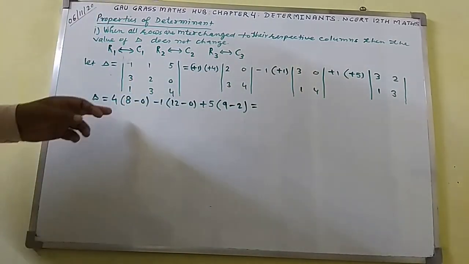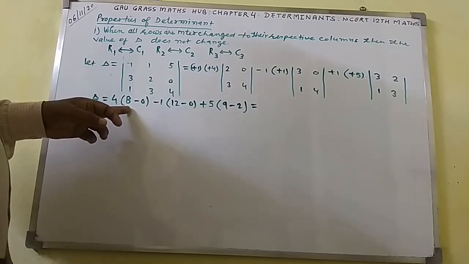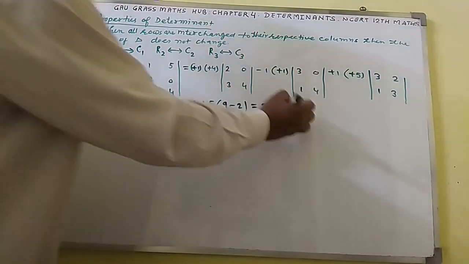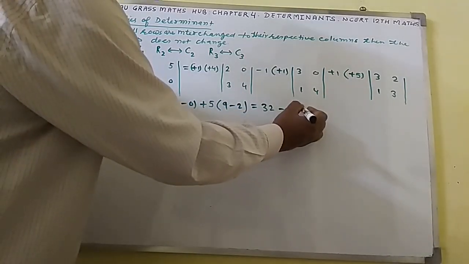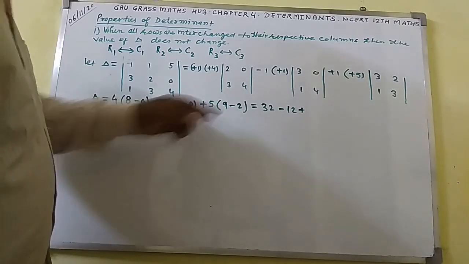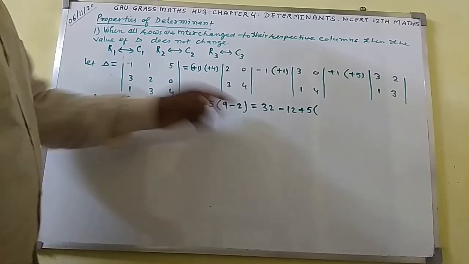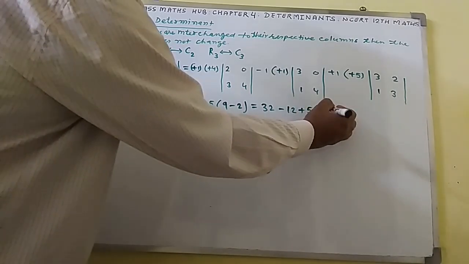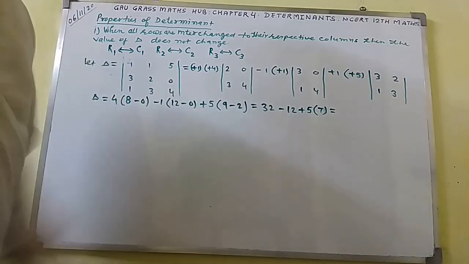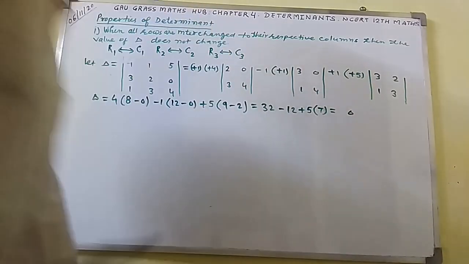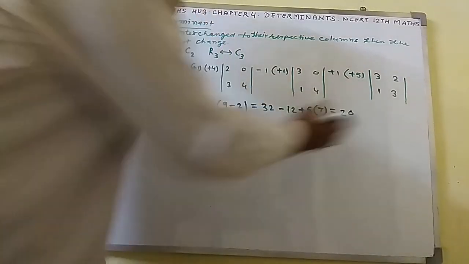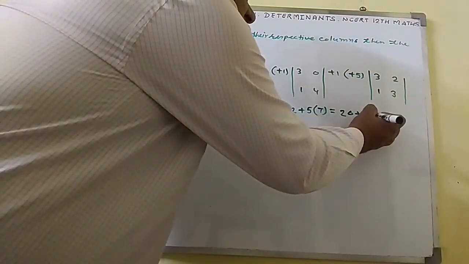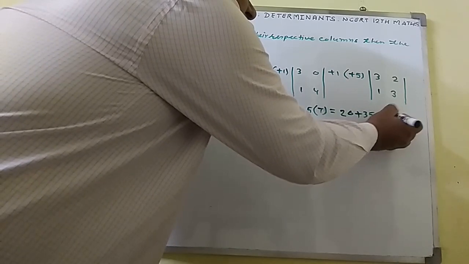Now equal to 4 times 8, which is 32, minus 1 times 12, which is 12, plus 5 times 9 minus 2, which is 7. So 32 minus 12 gives 20, plus 7 times 5, which is 35. Both added together, you get 55.